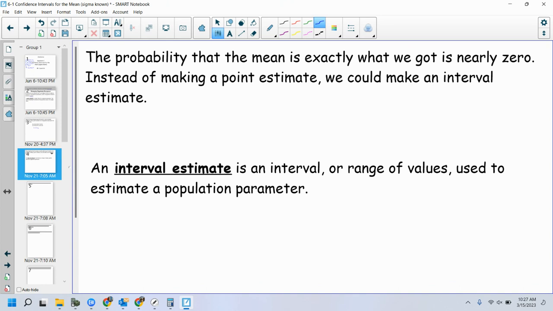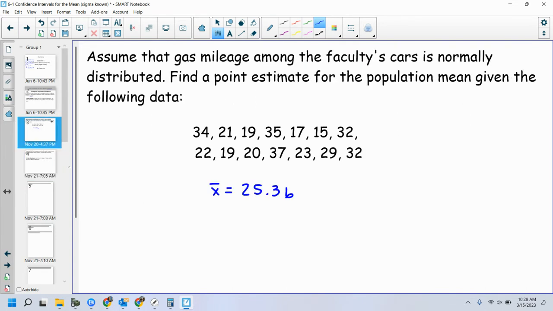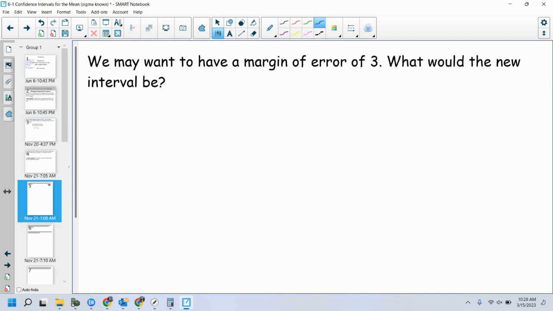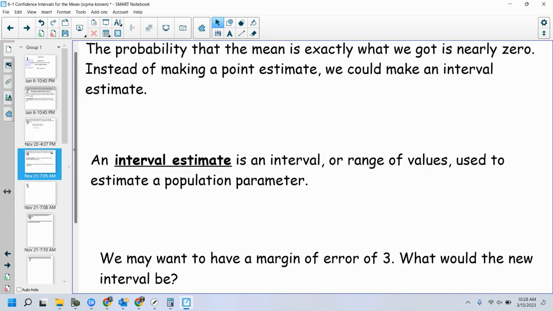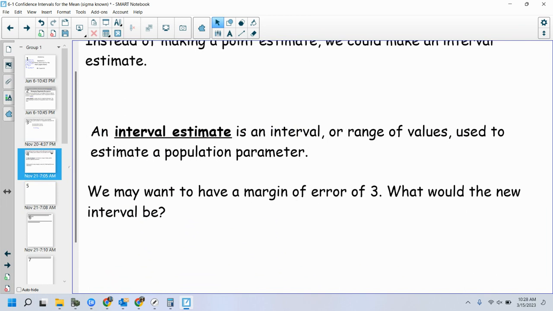So in this case, our population mean. I'm going to take my sample mean, and I'm going to give a range of values, and I'm going to say, okay, I bet my population mean is going to fall between certain values. So for example, my mean was 25.36, right? Let me bring this over here. Here was my interval estimate. We may want to have a margin of error of 3.